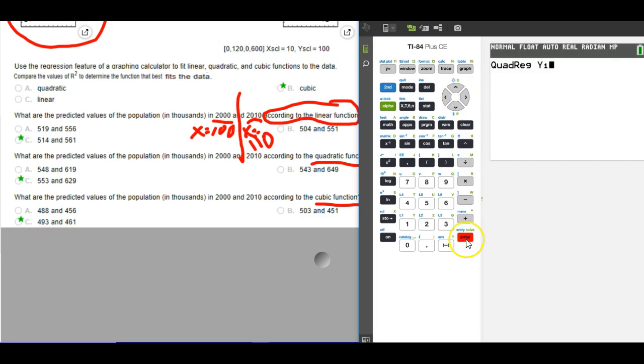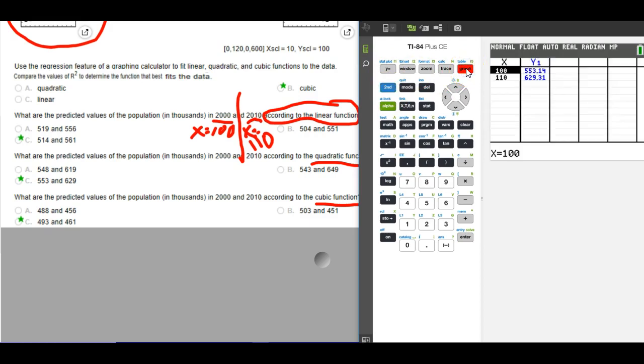Once it pops up, one more enter. Okay, out here is what you got earlier. We want it for the table, second table. So it already had the X's in, so it automatically changed my Y's. And so you can see right there, that's matching this one with the star by 553 and 629.